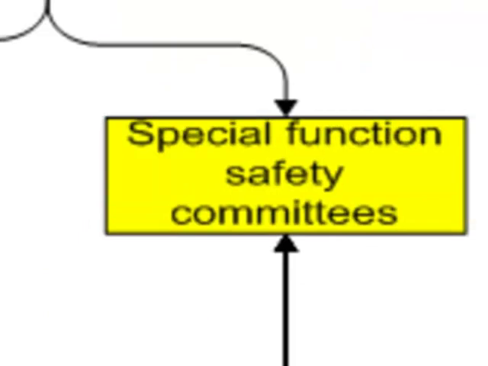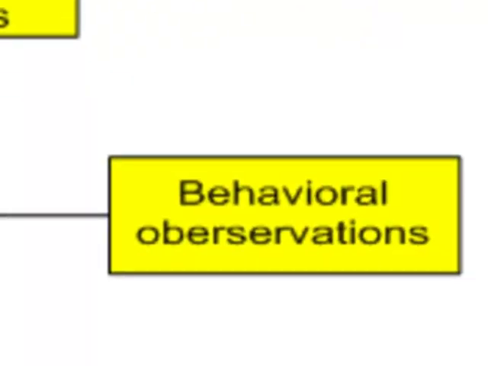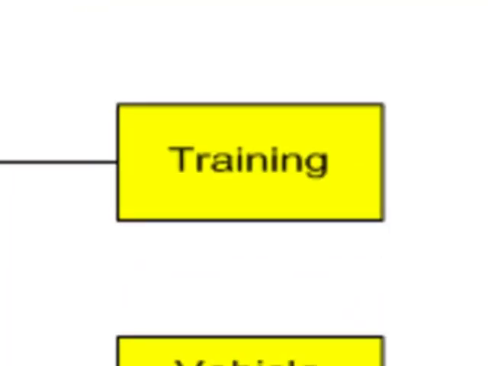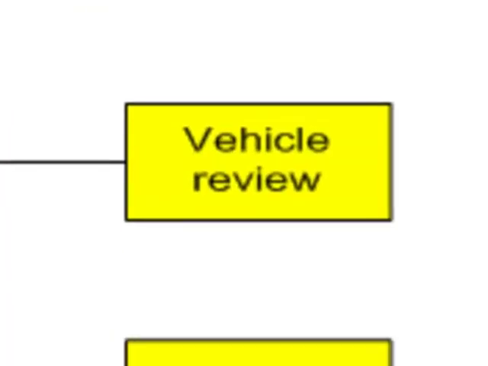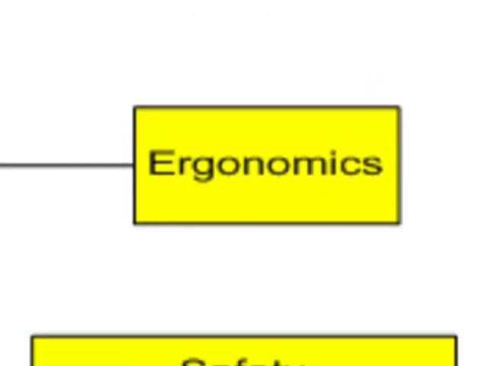The special function safety committees might involve behavioral observations to go and check and observe individuals in critical areas for their observing of the safe operating procedures, involvement in specific training areas, and possibly vehicle reviews should you have a fleet. Ergonomics should be a standing committee.